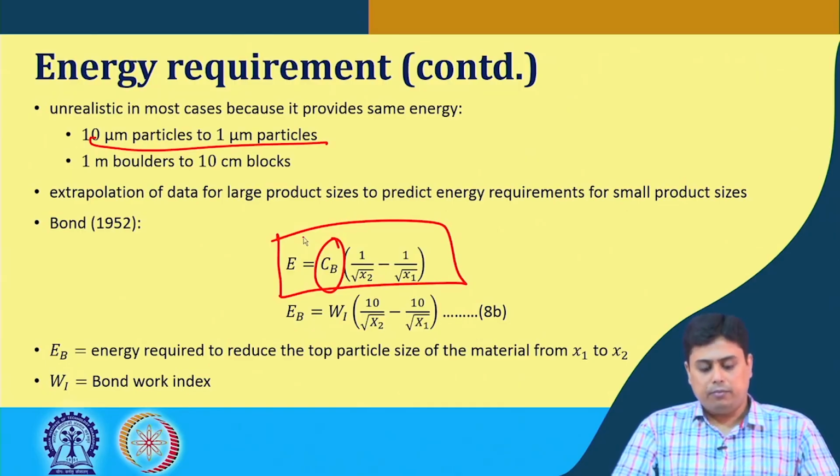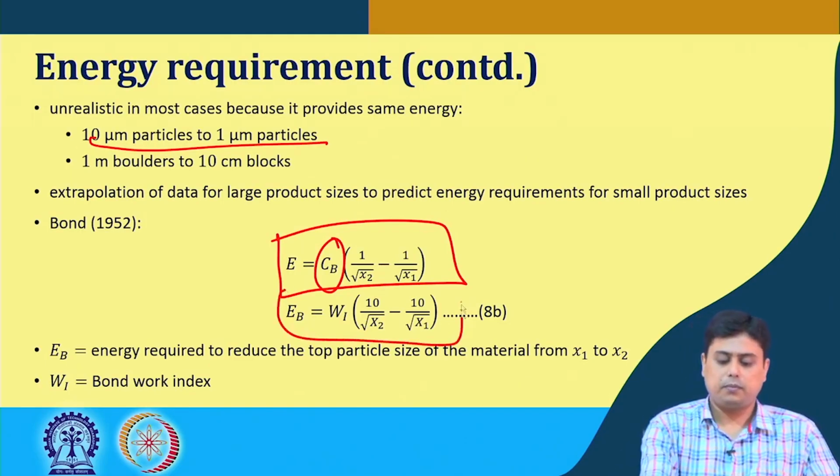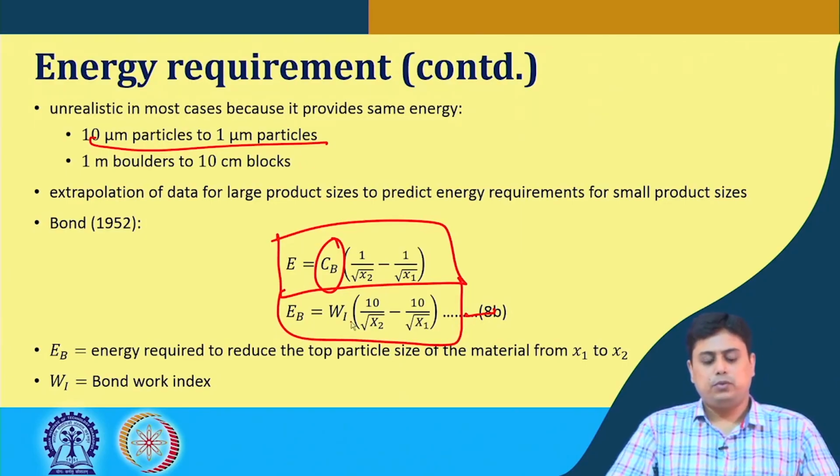But the most common form of Bond's law is this one: EB equals Wi multiplied by 10 over root x2 minus 10 over root x1.